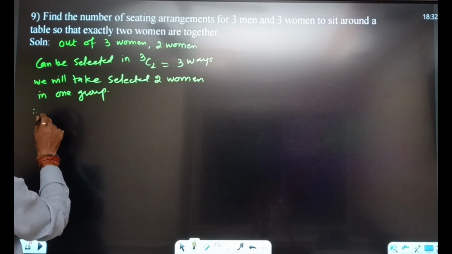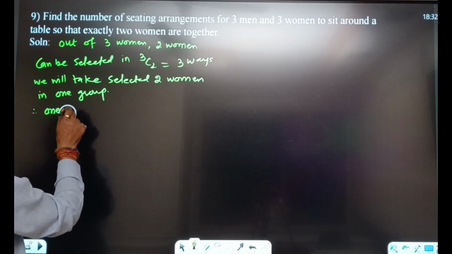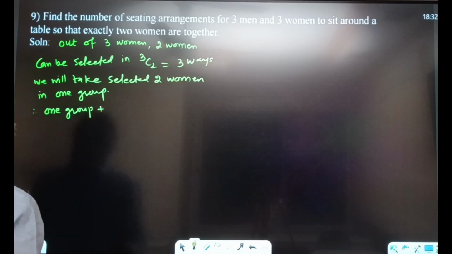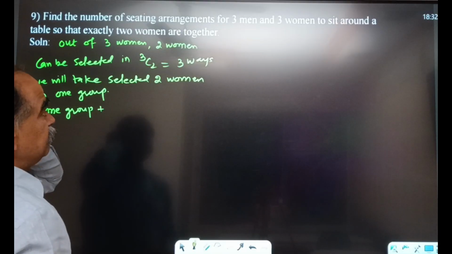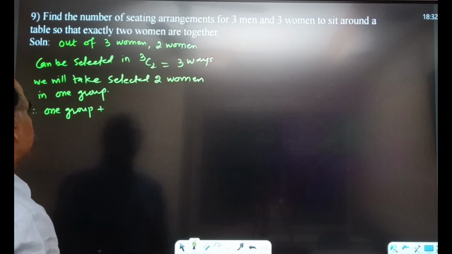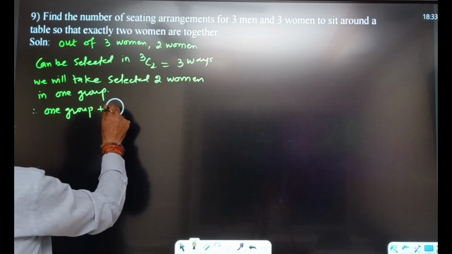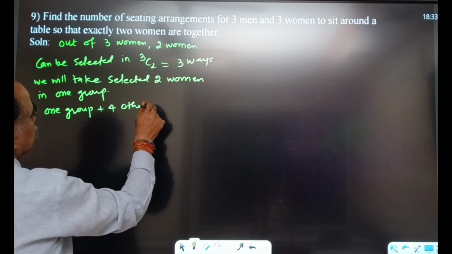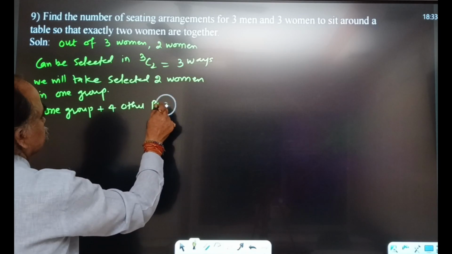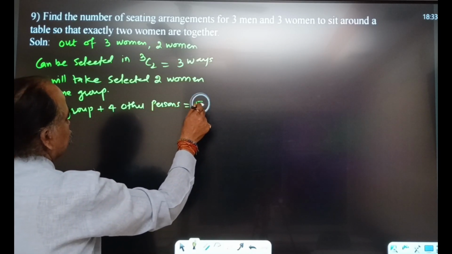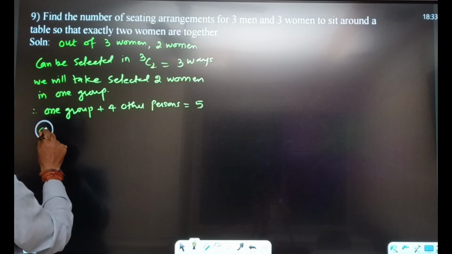Therefore, one group plus now 3 men, plus 1 woman left, plus 4 other persons, is equal to 5 on a round table.